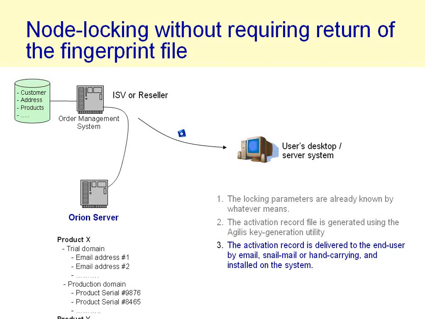And obviously, in the case of the communication system in the middle of the desert, the engineer would generate the activation record file, take it with him on a thumb drive, drive across the desert, and load it onto the machine to enable the software. So there can still be, if you will, a one-way, more key-like type of activation in the circumstances where you know what those locking parameters are.